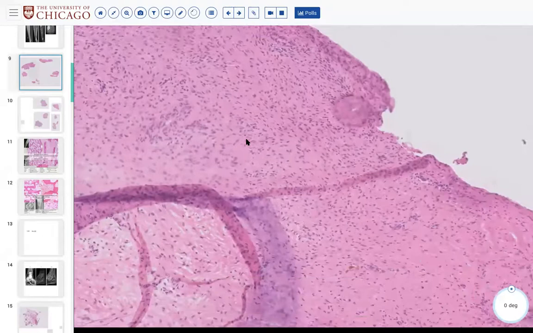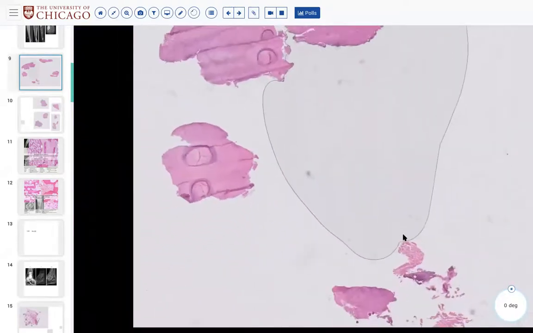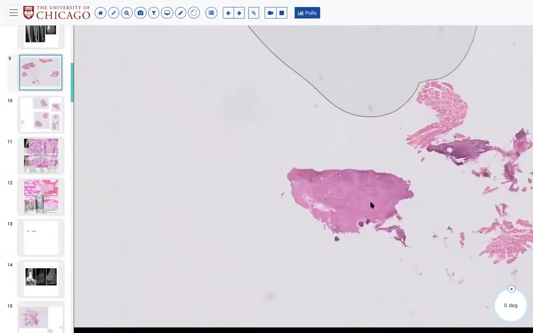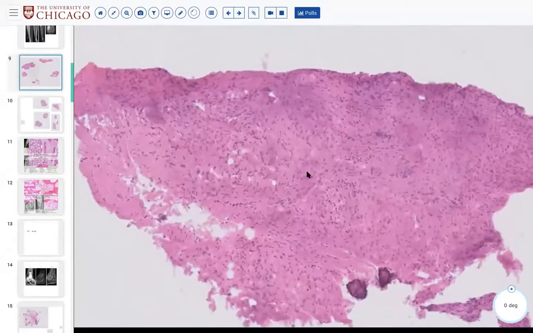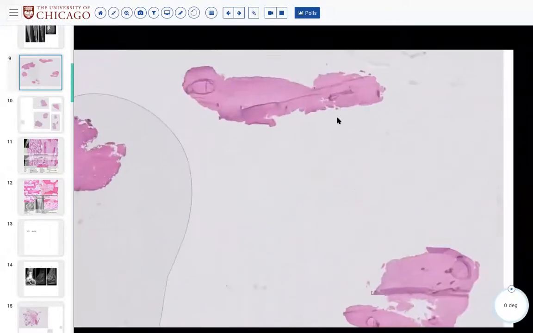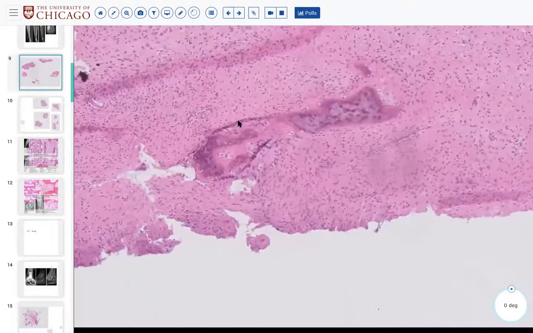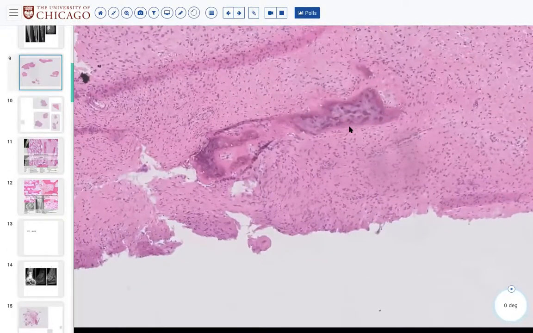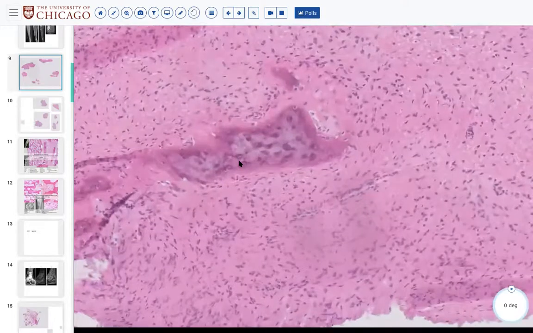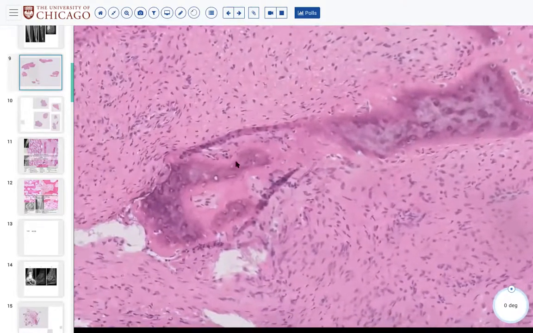So I'm just going to drive around a few seconds here just to remind ourselves of what the morphologic features are. So multiple fragments of arguably bland spindle cells with interspersed small little cores of bone, right? The bone, again, seems to be immature or woven.